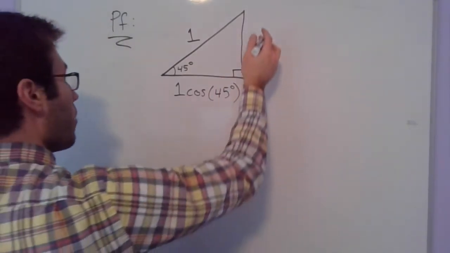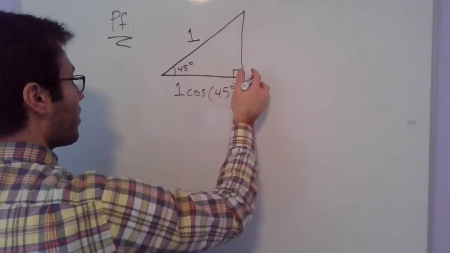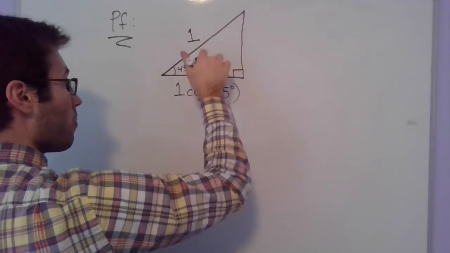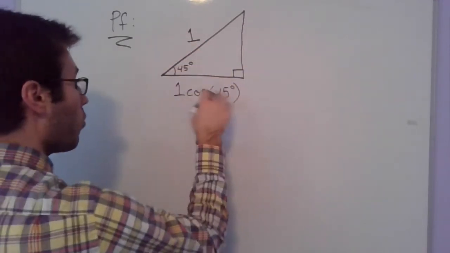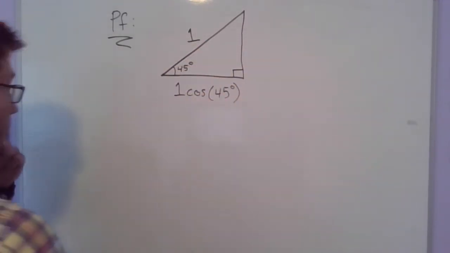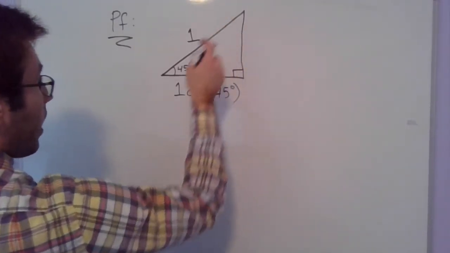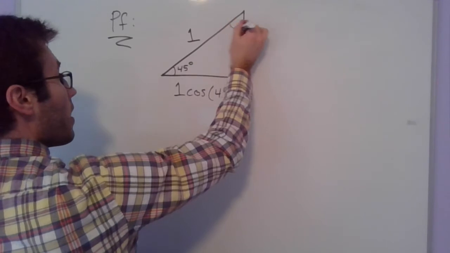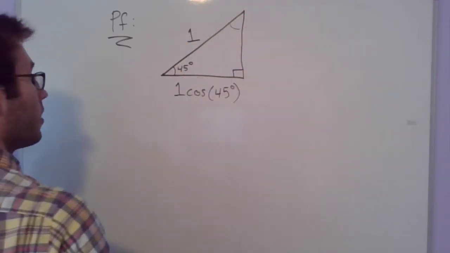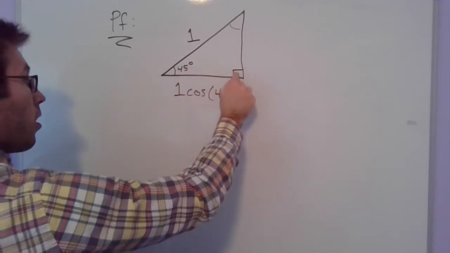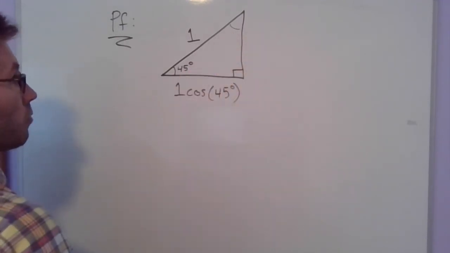Now, I also want to figure out what this length is here, and the reason for that is that I can use the Pythagorean theorem to figure out what cosine of 45 degrees is. So I'm going to try and figure out what this angle is in terms of degrees. You know that the sum of these angles adds up to 180.